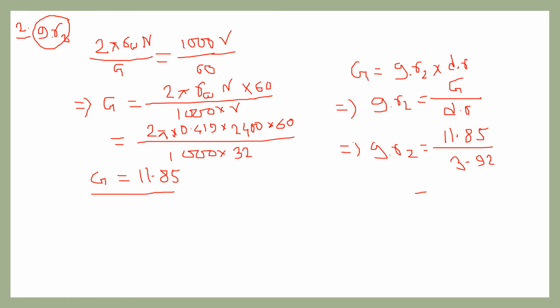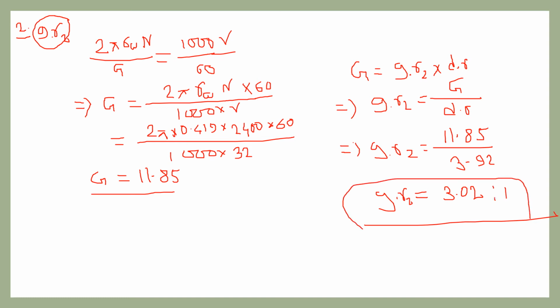Therefore the value of the gear ratio is 11.85 divided by 3.92, that is 3.02. So students, the gear ratio in the second gear is 3.02:1. This is the second answer.